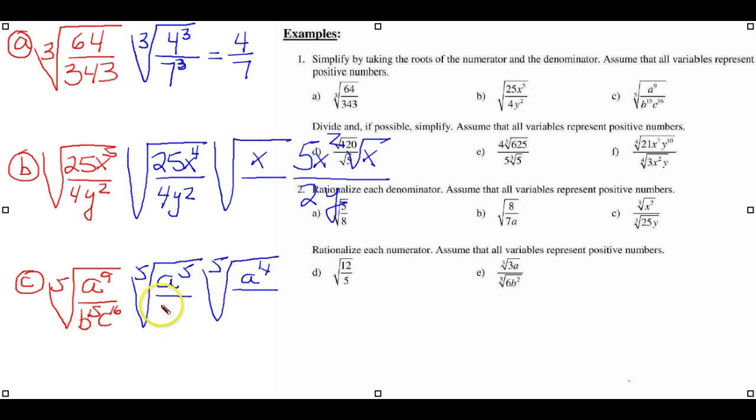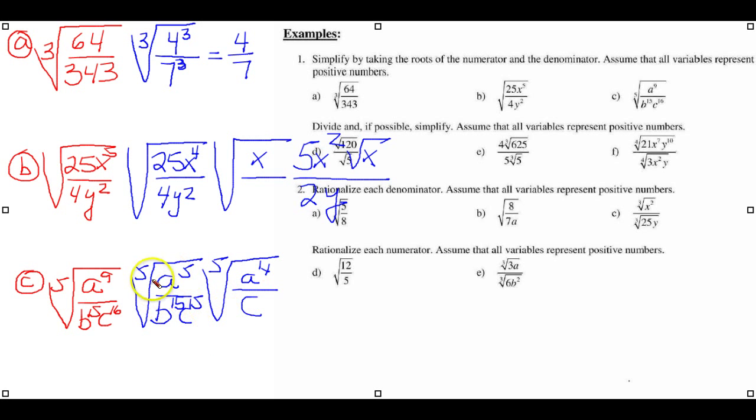And this will be b to the 15th, actually a multiple of 5. So that's a perfect fifth there. And then it will be c to the 15th. And then over here we just have a c left.